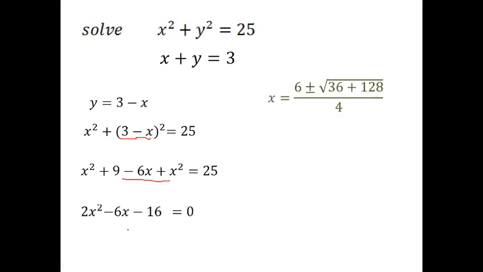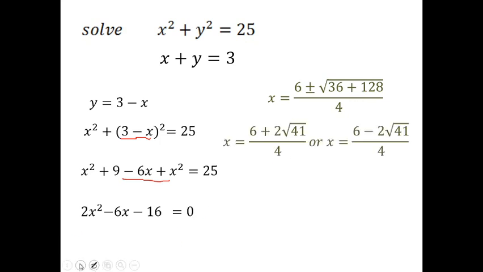Okay, collect all the terms over to one side, and then use the quadratic formula. Okay, so in this case, b is minus 6, and so minus b is positive 6, plus or minus the square root of b squared minus 4 times 2 times minus 16, which is 128. Put them in. Okay, I've got my two values of x.